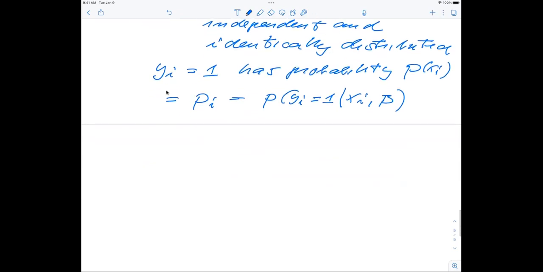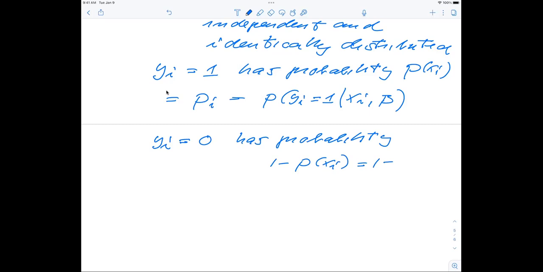And then we're also going to have y_i equal to 0. That has probability 1 minus p(x_i), which we also wrote as p_i here.